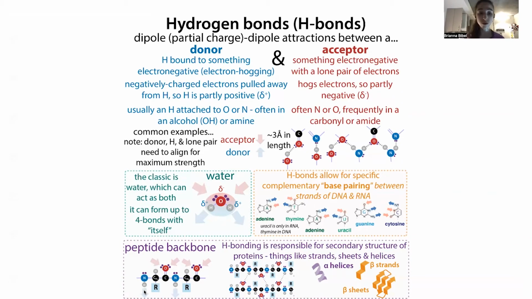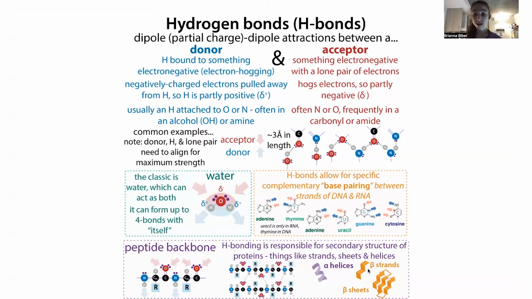Then this would be your donor, and then you have an H bond acceptor, which is something electronegative with a lone pair of electrons. So this can be an oxygen or nitrogen with a lone pair. In this case, it's an oxygen with a lone pair. Because you have this regular pattern of donors and acceptors for these bonds, you can get these characteristic secondary structures involving alpha helices and beta sheets.